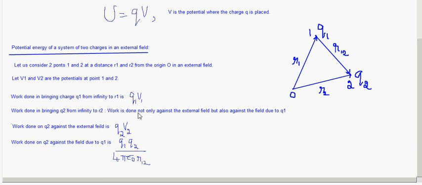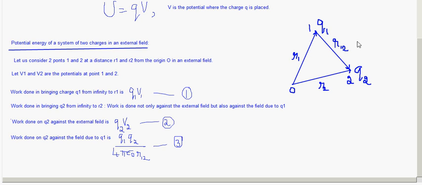Therefore, total potential energy of the system is the total work done in assembling the configuration. So, it is the addition of these three equations, equation 1, 2 and 3. Adding all these three equations will give us the total work done in assembling the charges in an external field.